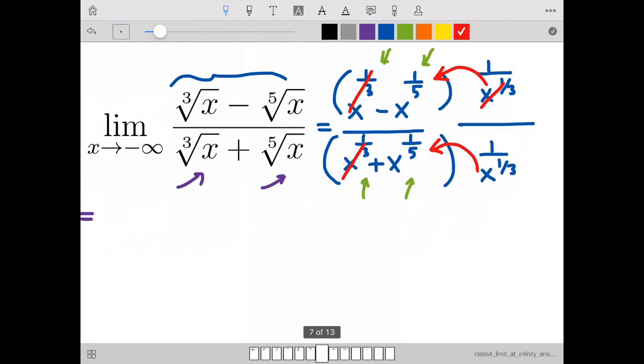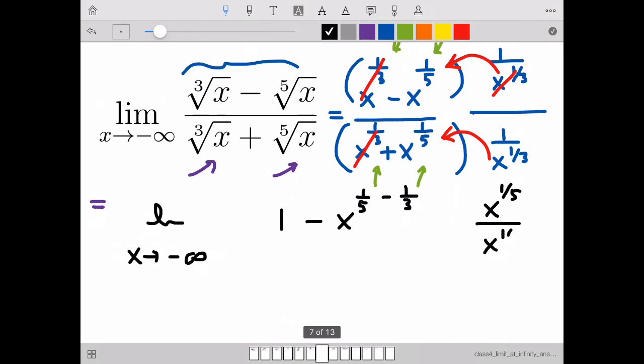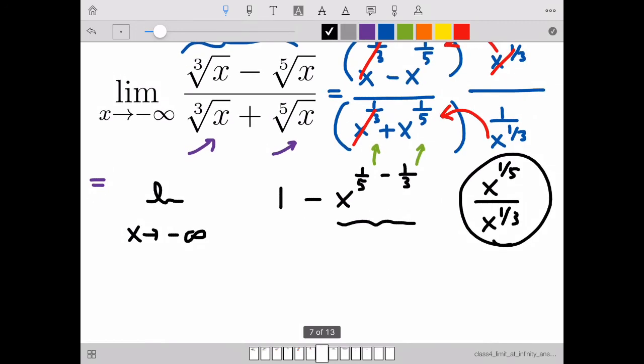So the expression becomes the following: limit x approaches minus infinity, we will get 1 minus x to the 1/5 minus 1/3, because we're dividing by 1/3. Over 1 plus x to the 1/5 minus 1/3.